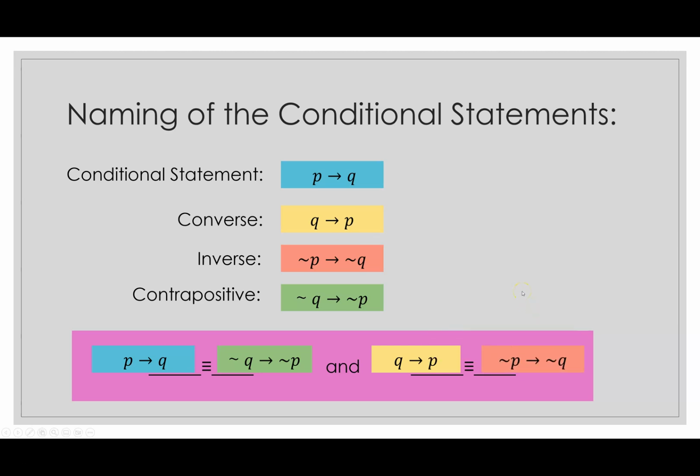So they are equivalent. The converse and the inverse are equivalent, whereas the conditional statement is equivalent to its contrapositive. And that is a very, very important learning point, because we are going to be able to use that when we are evaluating arguments.